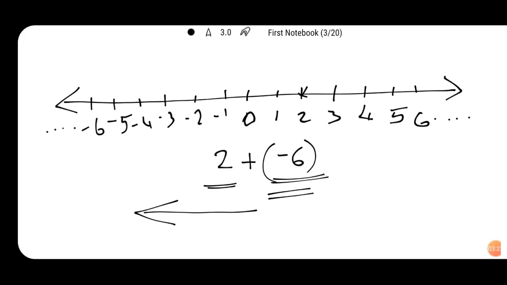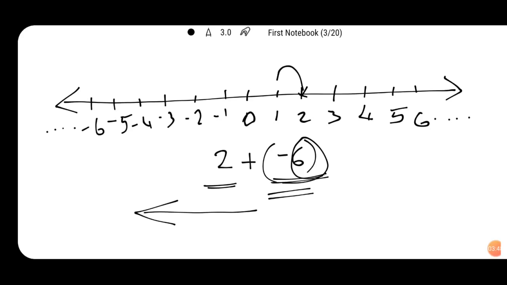From 2, we will jump 6 times towards left of 2. In our previous example, it was positive 6 and we moved towards right of 2. Now it is negative 6 and we are moving towards left of 2. How many jumps? 6 jumps.